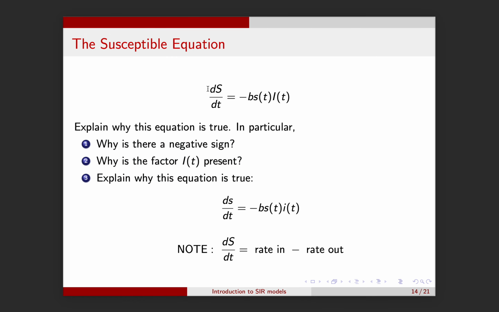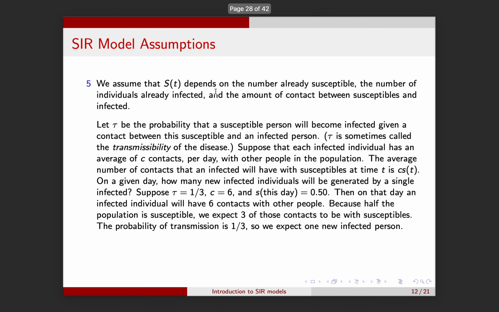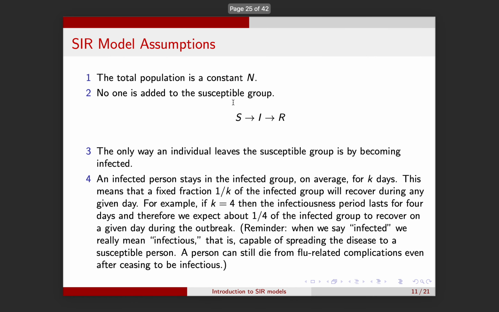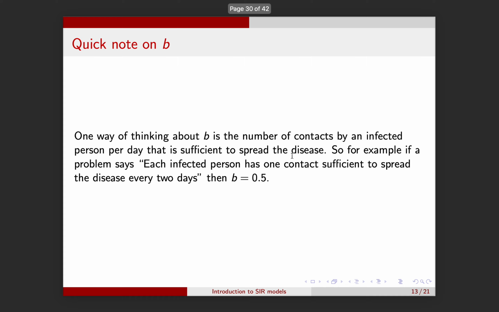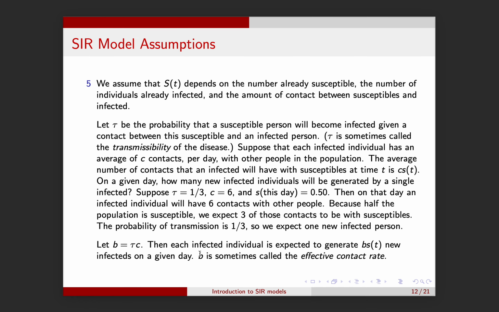So let me just say, dS/dt. Well, the population S, nothing's coming in, we assumed. So there's only outflow. There's only a rate out. What is that rate out? Well, we said above, and again, I hate to keep flipping back and forth in the slides in the video, but we just said each infected individual, each sick person generates this many new sick people on a given day.